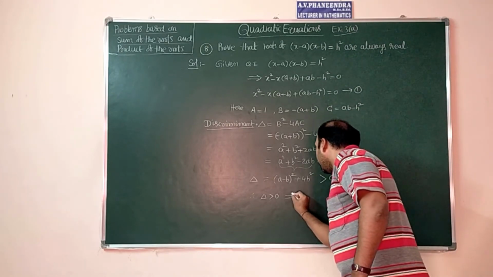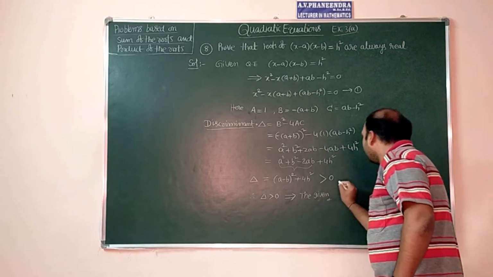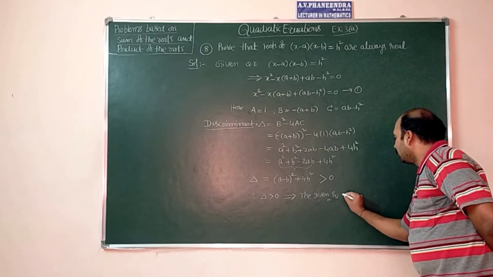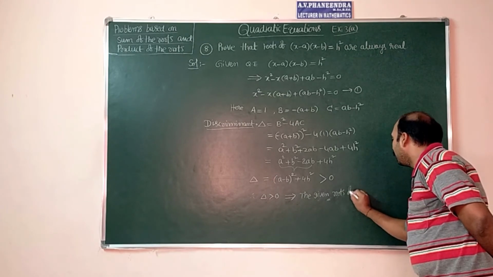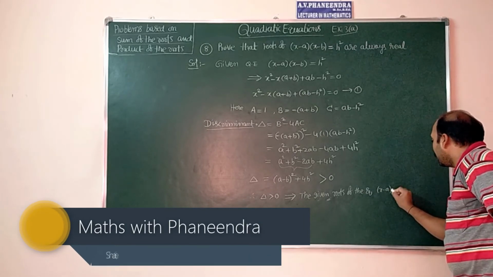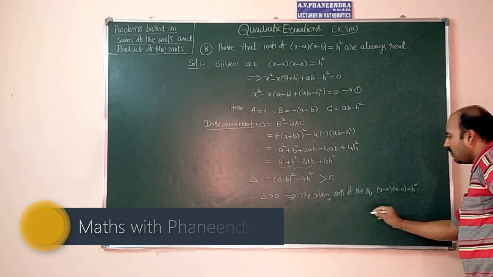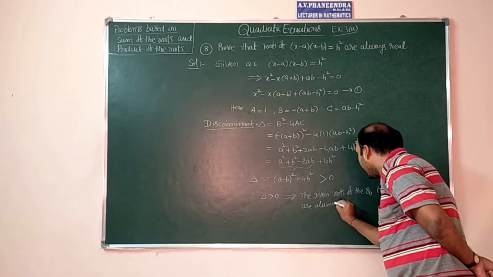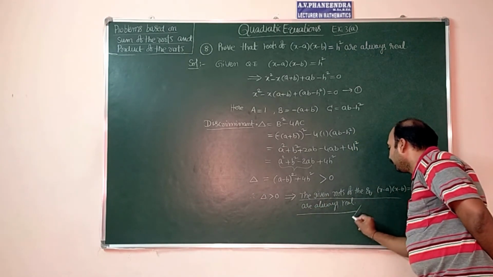That implies the roots of the given equation (x - a)(x - b) = h² are always real. Hence proved.